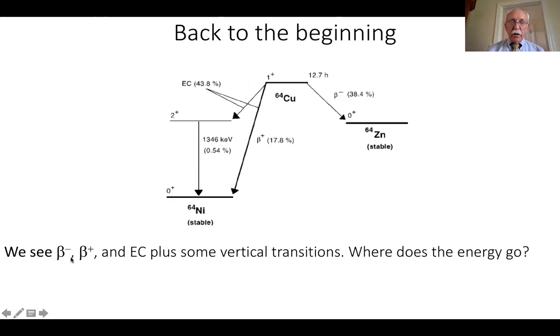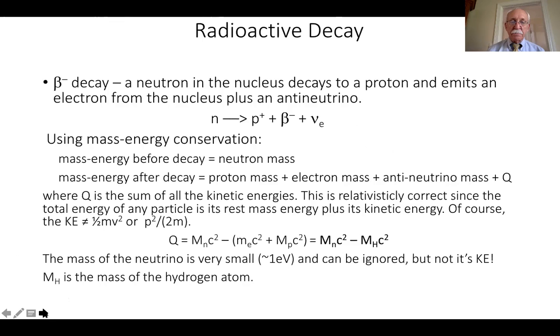So I want to look at a little bit about predicting the energies of the beta particles and the electron capture effect. So beta decay, beta minus decay, is where a neutron decays to a proton, an electron, which is called a beta particle, and an anti-neutrino here, which I couldn't get the anti sign to work.